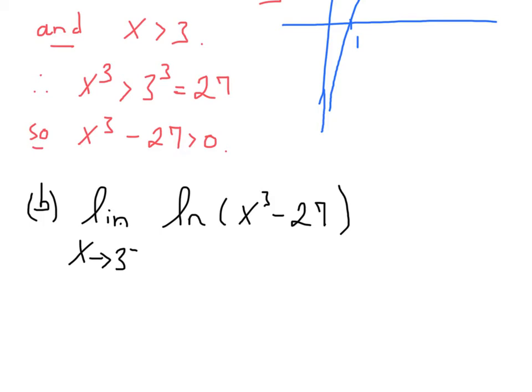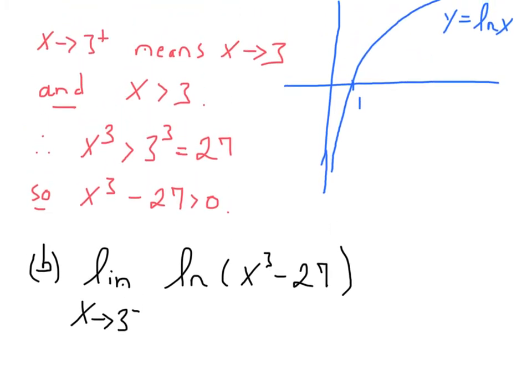All right, well, once again, 3 is not in the domain of this function, because when x is equal to 3, x cubed minus 27 is again 0, and we can't evaluate the log of 0. Our graph over here of log x is not defined at 0.